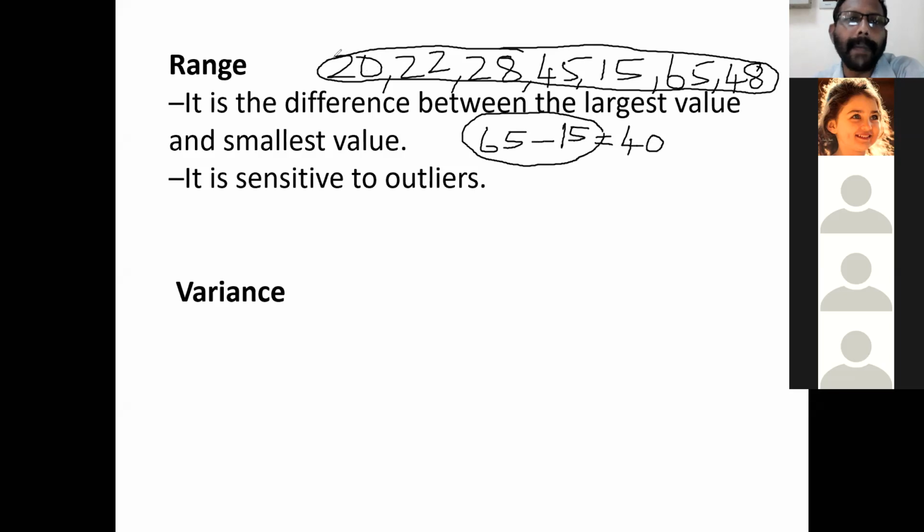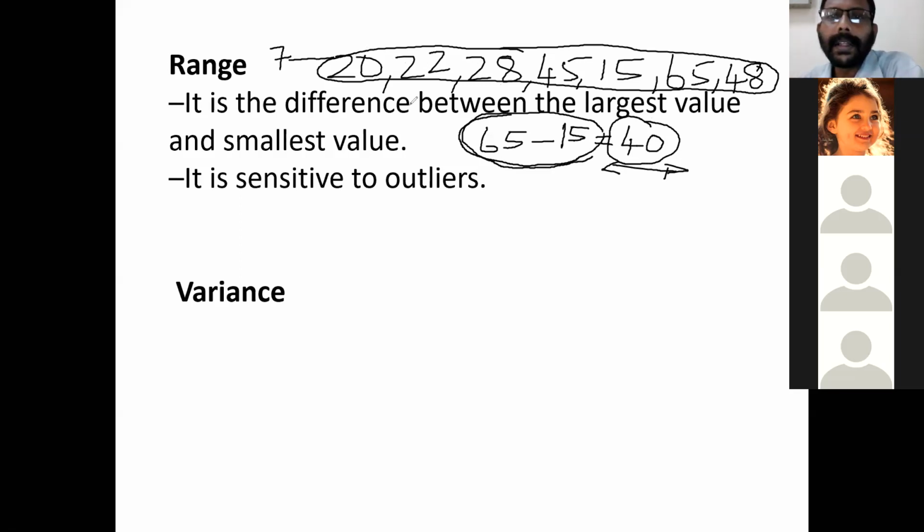Suppose this is the marks of 7 students in an A-level class. So the range of the marks of this class is 40. That indicates the dispersion.